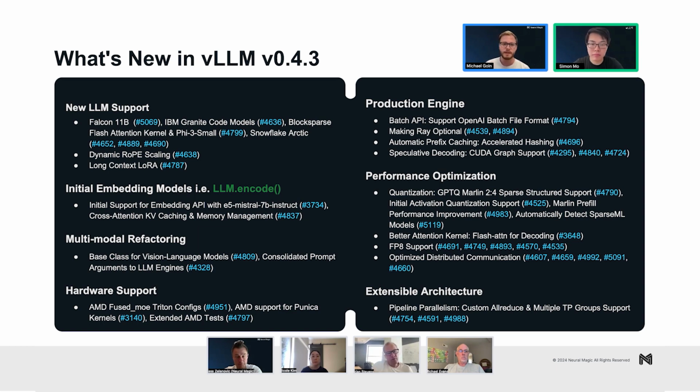That was the first starting point, and a key next step is adding support for embedding or encoder models, which you can now access through LLM encode and through the OpenAI style API. We're continuing to work on encoder-decoder as a next step after this. So definitely look forward to more types of model architectures running in vLLM beyond just causal LM text generation.